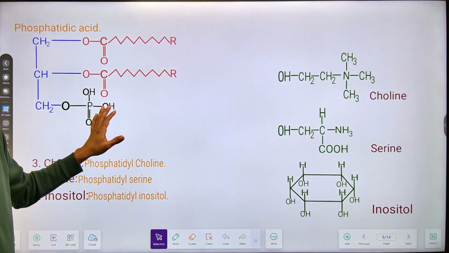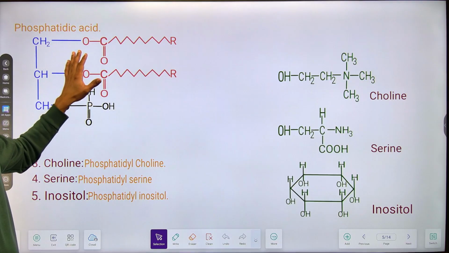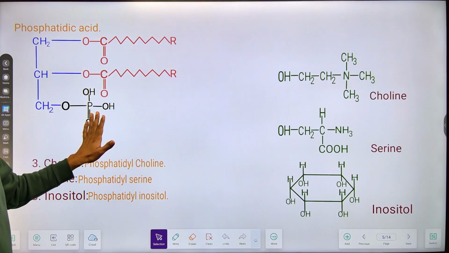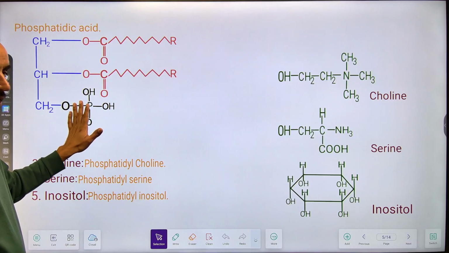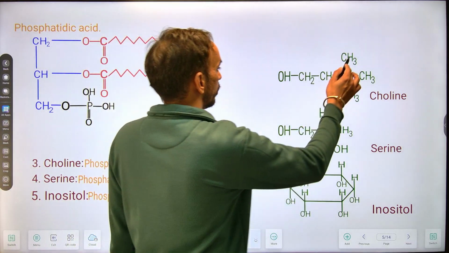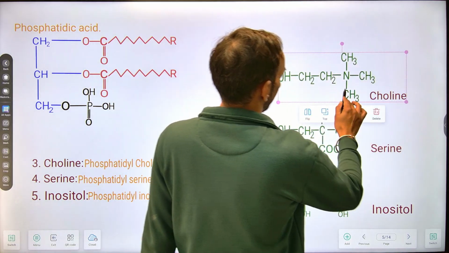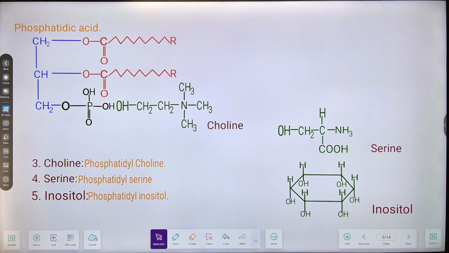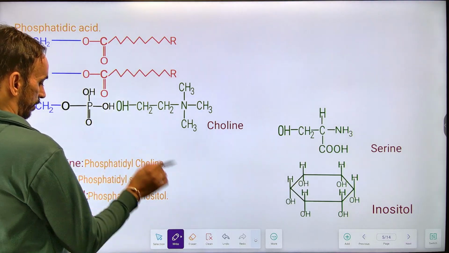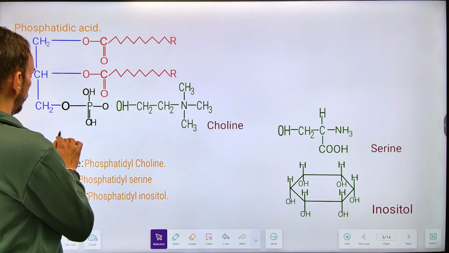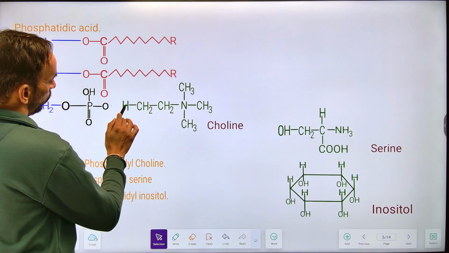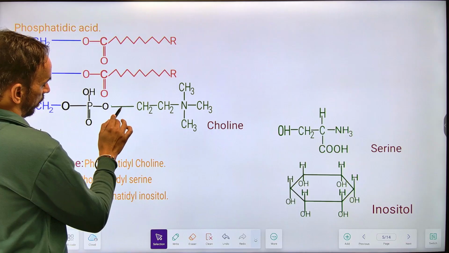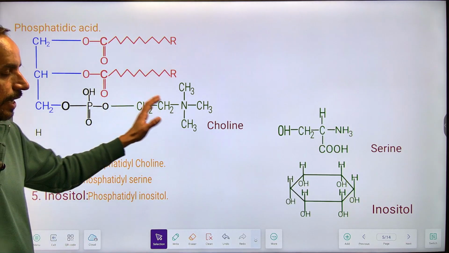Next, this is the framework precursor, that is the phosphatidic acid having glycerol, two fatty acid chains and a phosphate group. If on this diacyl glycerol there is an addition of another molecule called choline, again through the condensation reaction that includes the removal of H2O, there is a formation of bond between the diacyl glycerol and the choline.